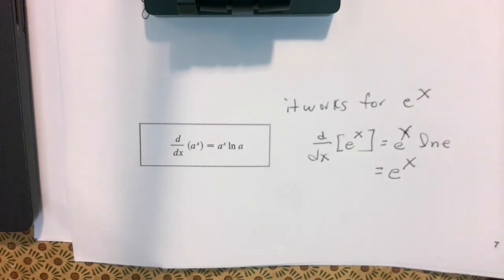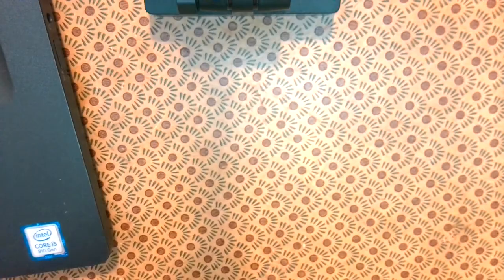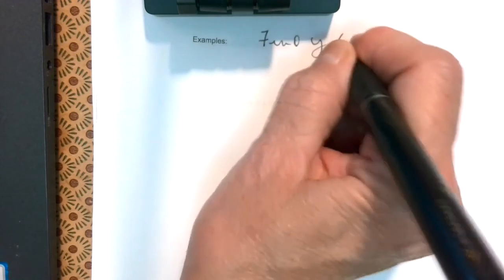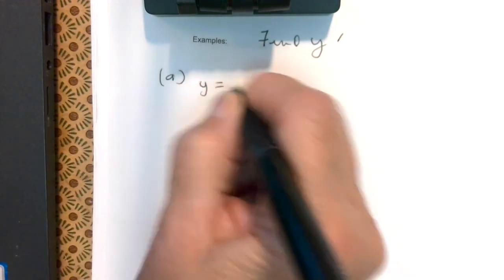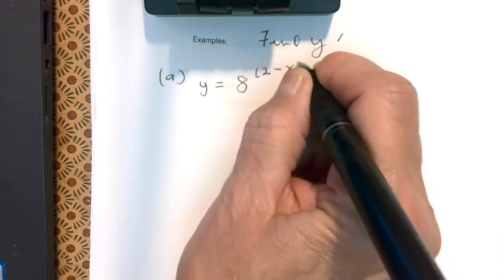So let's do a couple of examples using that rule. Okay, so we want to find y prime. The first one: y is equal to 8 raised to the 2 minus x squared.